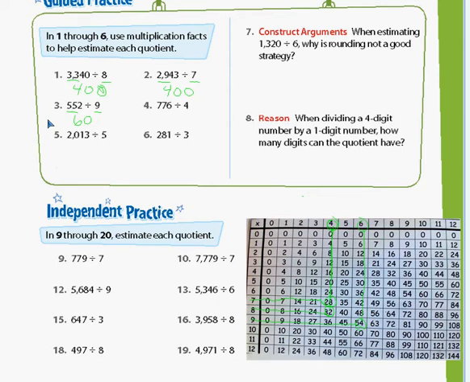Okay, next problem, problem number 4, 77. Now if we look at 77 and we try to look at 4 on our multiplication chart, we're not going to see 77 unless we have a really big multiplication chart. So instead of using 77, I'm just going to use 7, just the first digit right there.